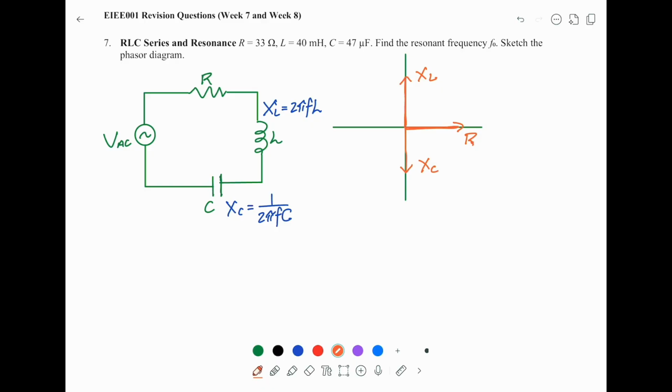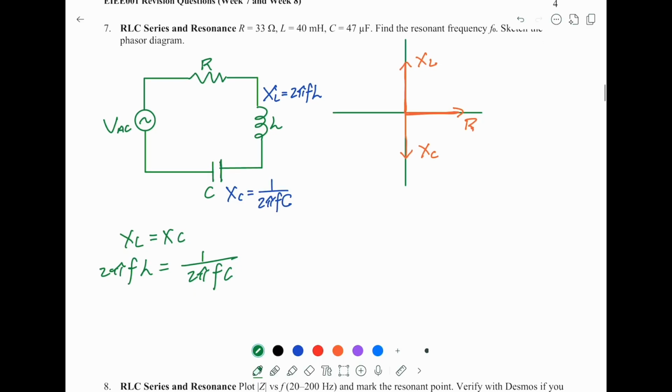So now under this special condition, they cancel out each other, and it means your circuit only has resistance. So let's find out what is the mathematical relationship between all these. So XL equal to XC, 2 pi FL equal to 1 over 2 pi FC.